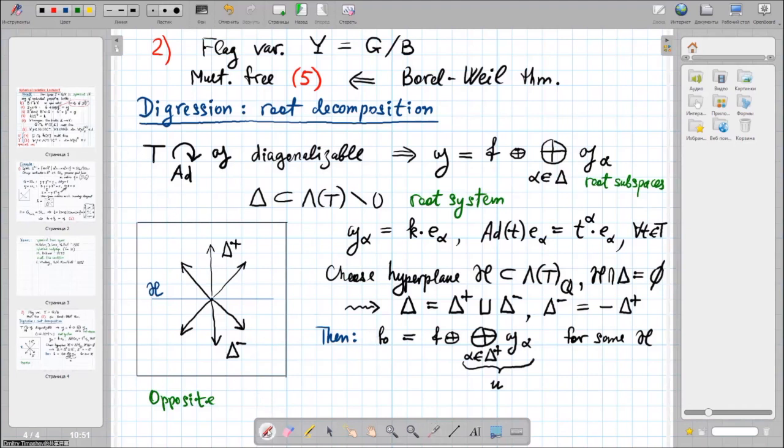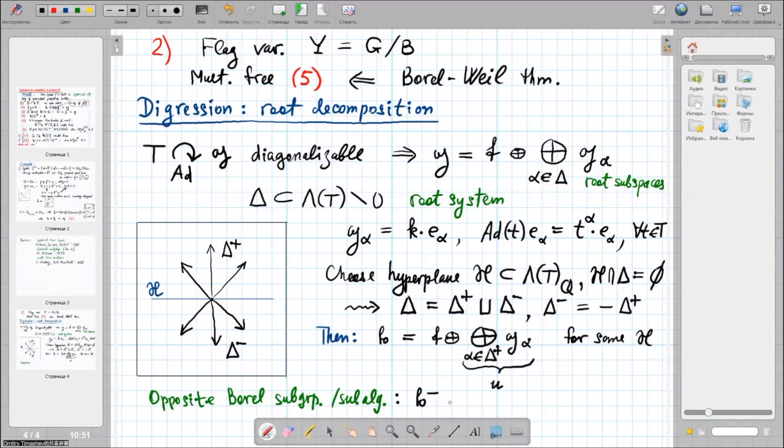Then the opposite Borel subgroup or Borel subalgebra is given by the following formula. Let me define the opposite Borel subalgebra, because for the subgroup it is just the algebraic subgroup with this subalgebra.